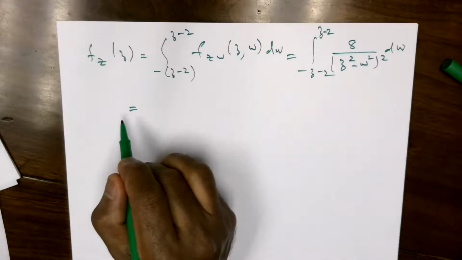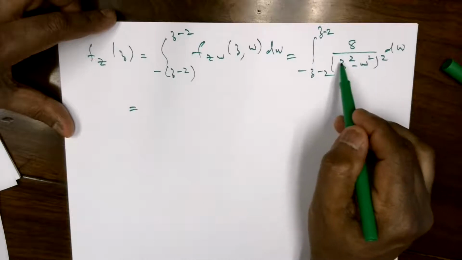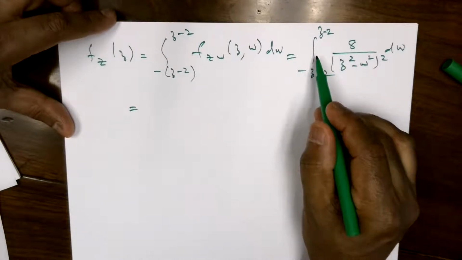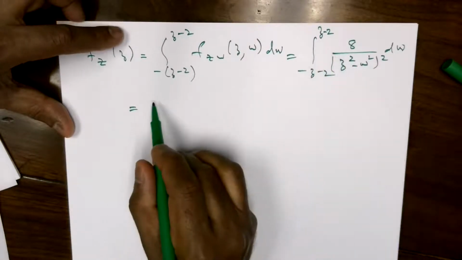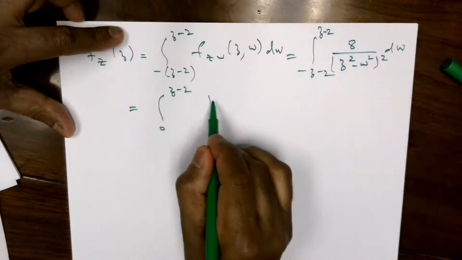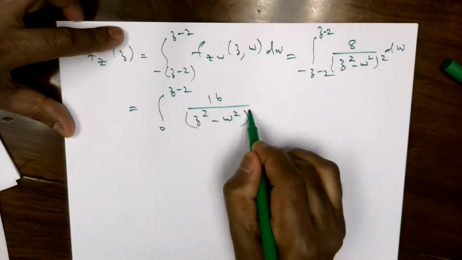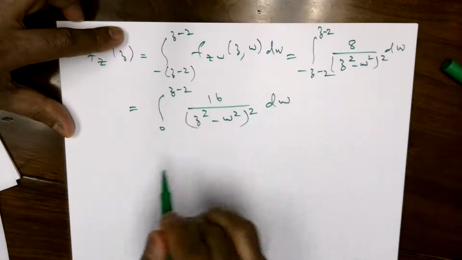And remember, w is the variable of integration. This is an even function, so we can write it as 2 times the integral from 0 to z minus 2. So 2 and 8 gives you 16, and z squared minus w squared, the whole squared. The question is, how do you integrate this?